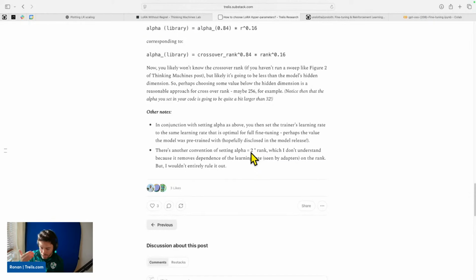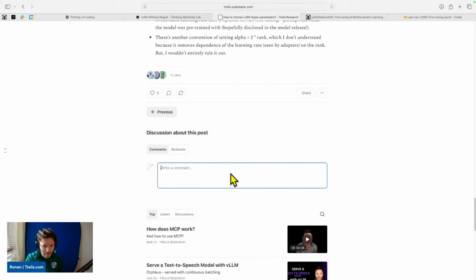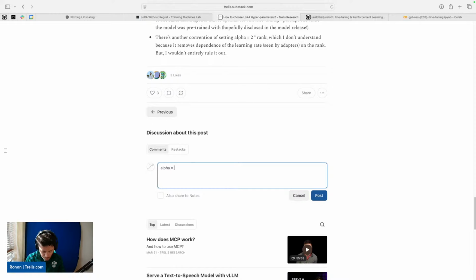And this loops back to the very start of the video, where I asked, why is LoRA useful? Yes, it reduces memory, but a key reason LoRA is useful is because it allows you to train faster. And it allows you to train faster because alpha should probably be 64 or even 128.